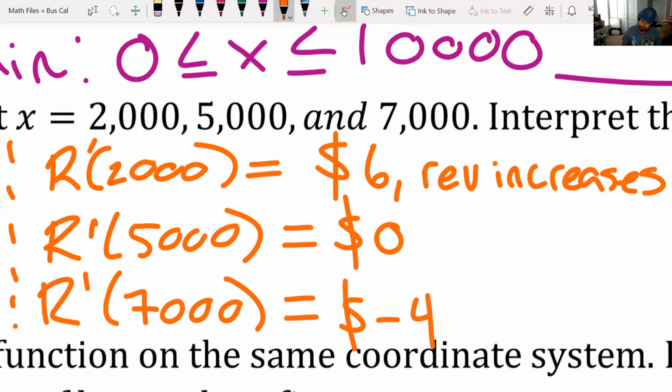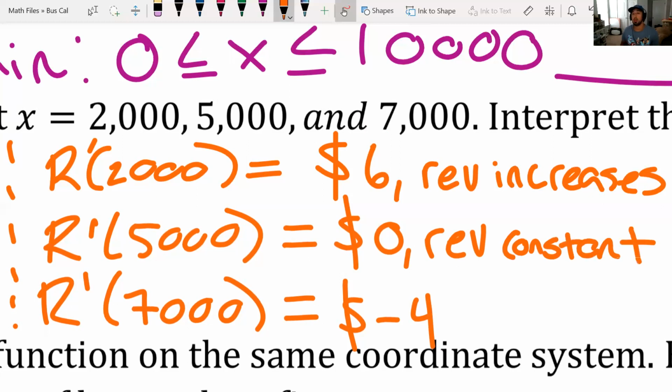So this means at $0, we possibly are breaking even, right? So we can say revenue remains constant.